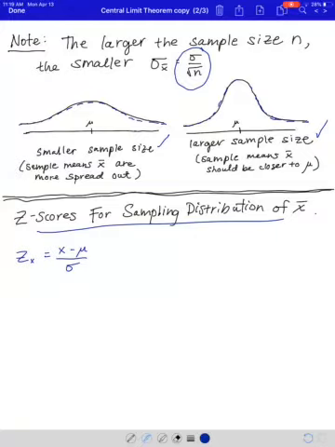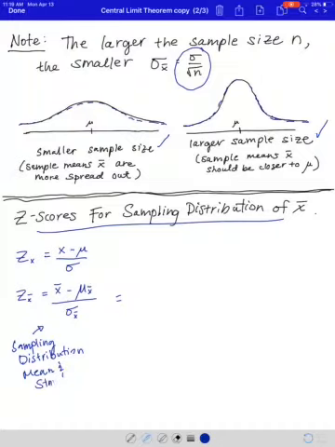Now, in terms of our sampling distribution, to find z sub x bar, we take our x bar value, we subtract the mean of the sampling distribution, so that's mu sub x bar, and then we divide by the standard deviation of our sampling distribution, so sigma sub x bar. And this is one way to compute the z-score. And notice this here is using our sampling distribution mean and standard deviation.